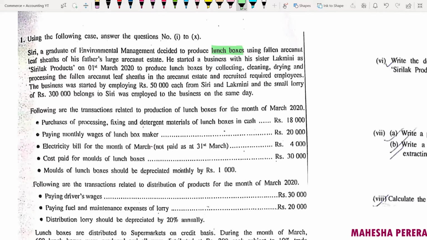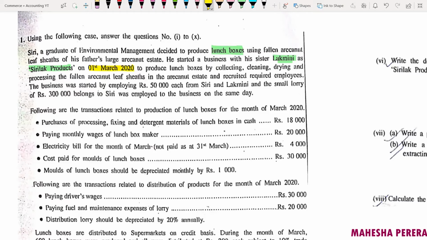He started a business with his sister Lakmini as Cyrillac products on 1st of March 2020 to produce lunch boxes by collecting, cleaning, dyeing, and processing the fallen arecanut leaf sheets in the arecanut estate, and recruited required employees.